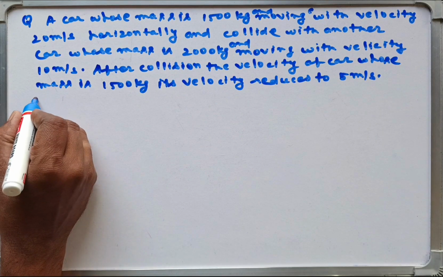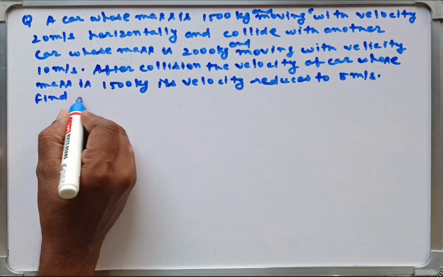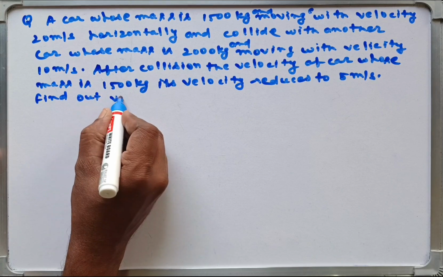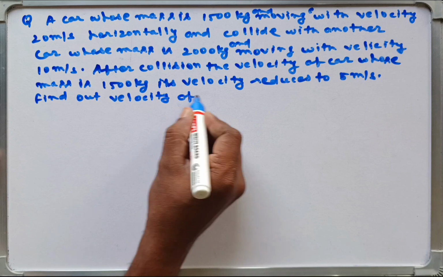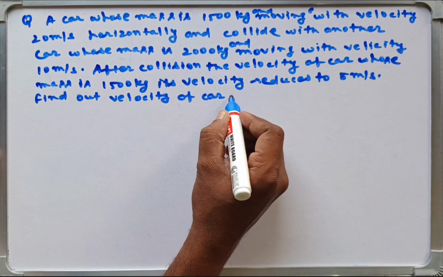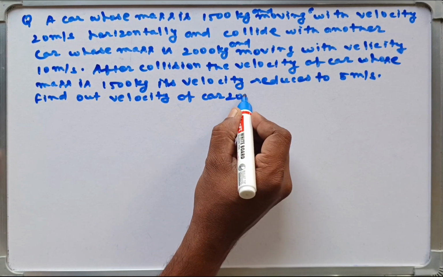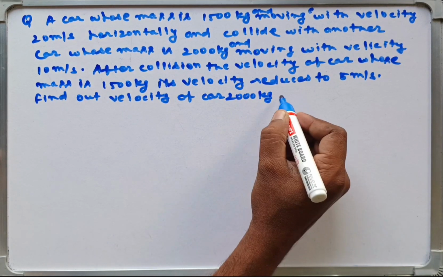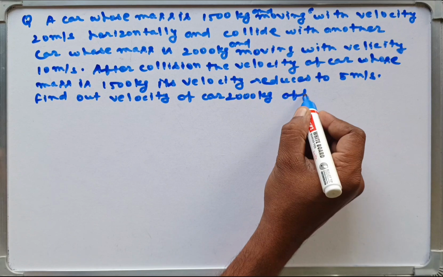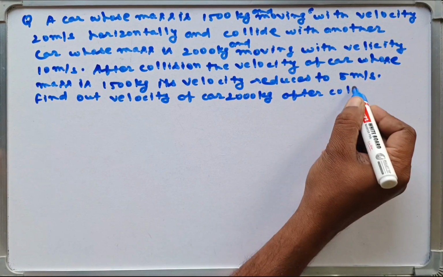The question is: find out the velocity of the car of 2000 kg after collision.